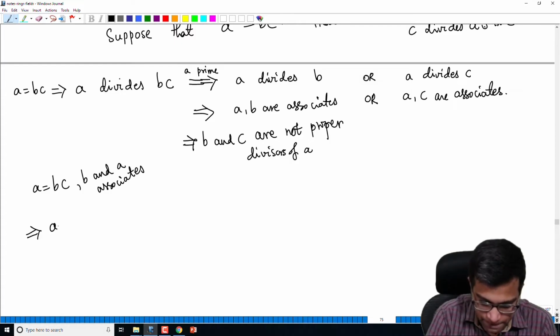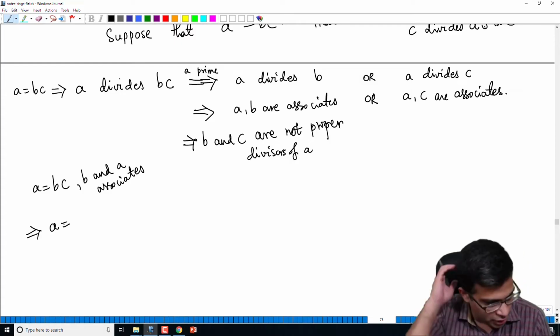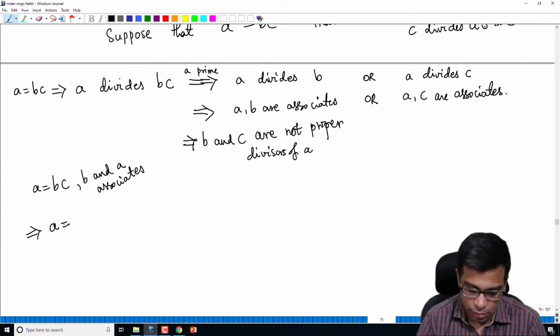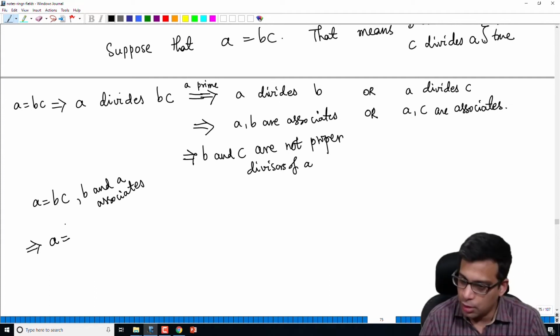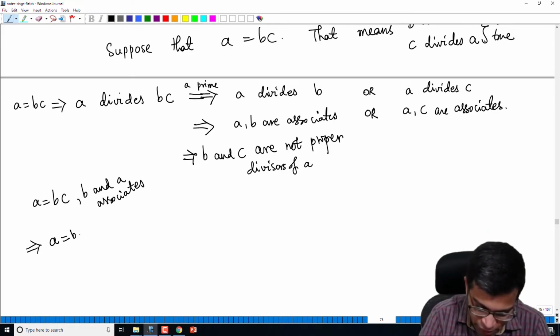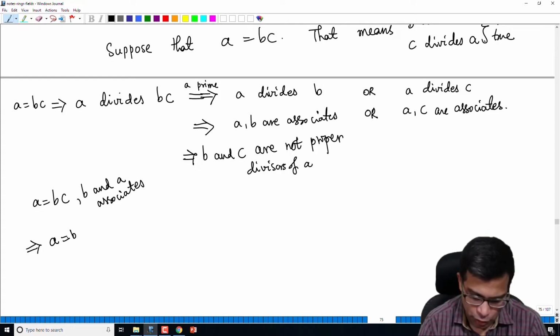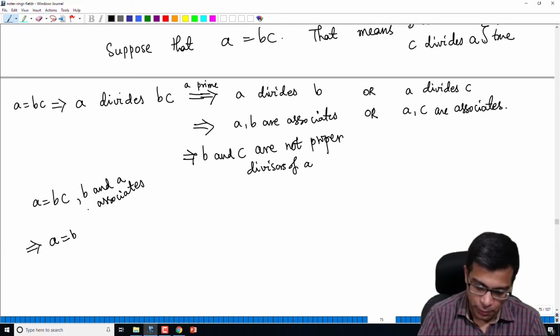This means that we have A is equal to BC. On the other hand, B divides A also, and A divides B also. So you have A equal to BC is given.